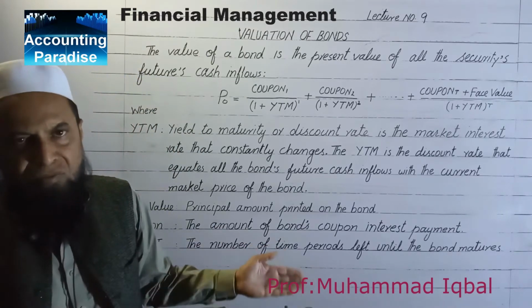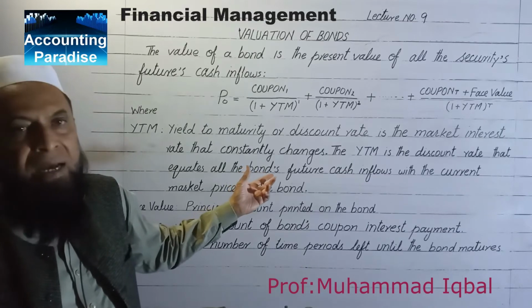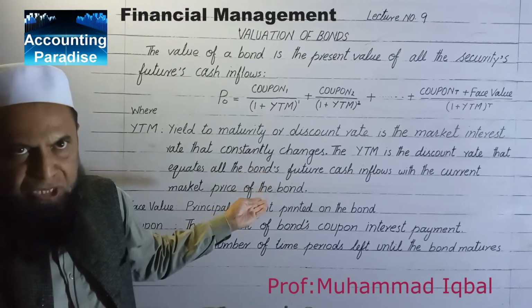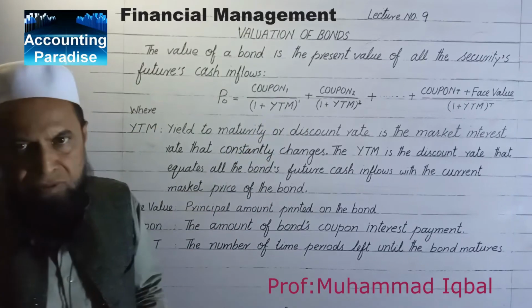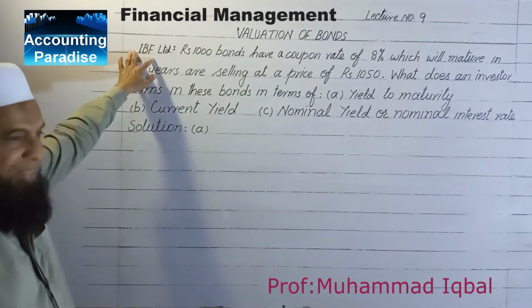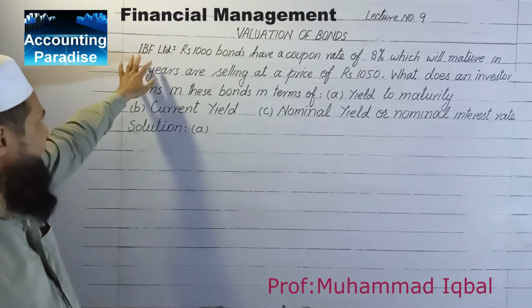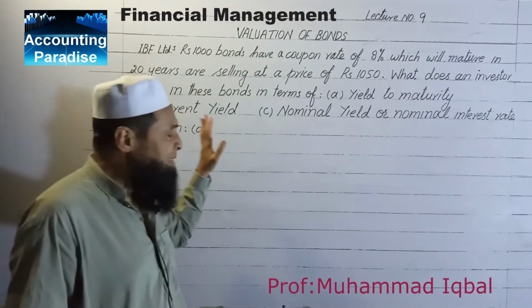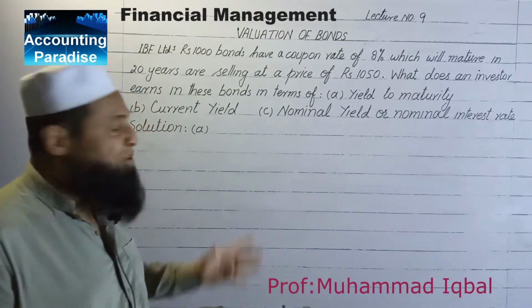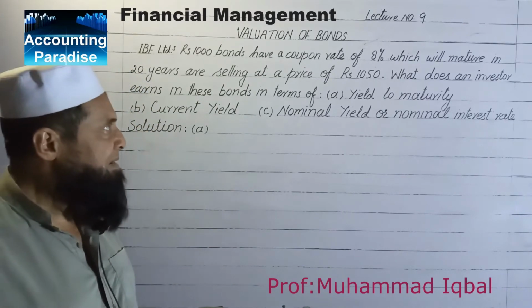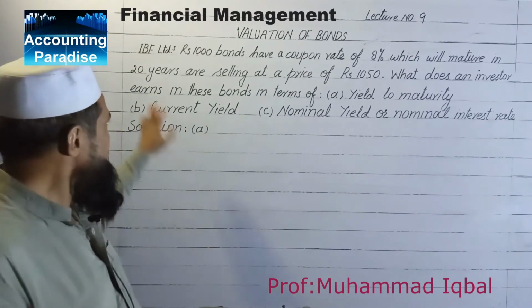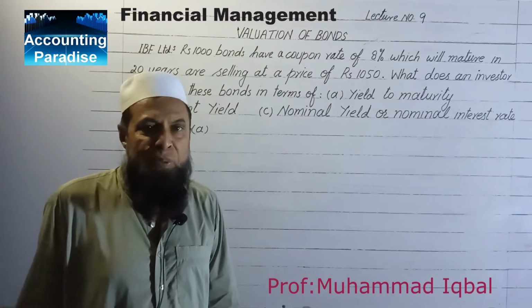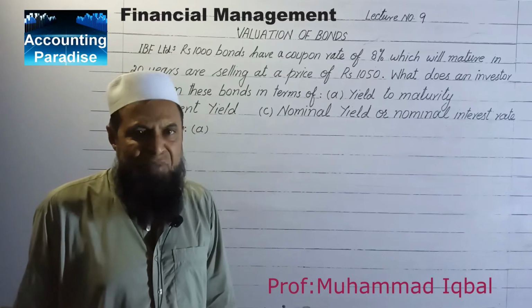After that, we will inshallah give you a question which clears this. Here is an example. Second example. IBF Limited's rupees 1000 bonds have a coupon rate of 8%, which will mature in 20 years, are selling at a price of rupees 1050.